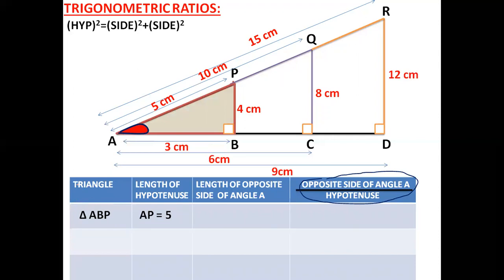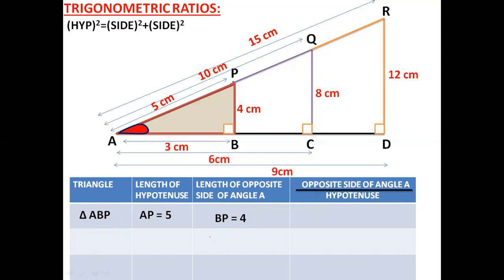Now, what is the length of the opposite side of angle A in this right angle triangle ABP? BP is the opposite side to the angle A. So here you have to write BP is equal to 4 centimeters.